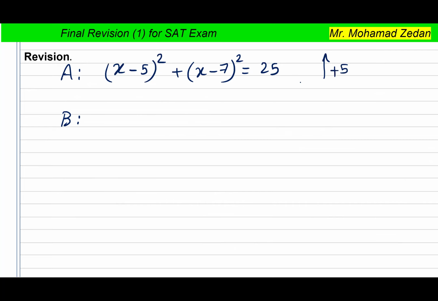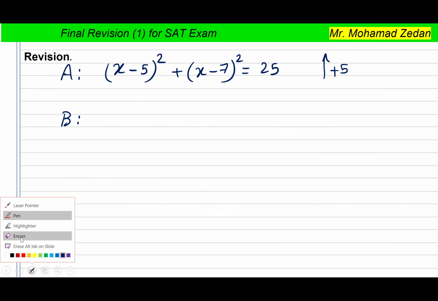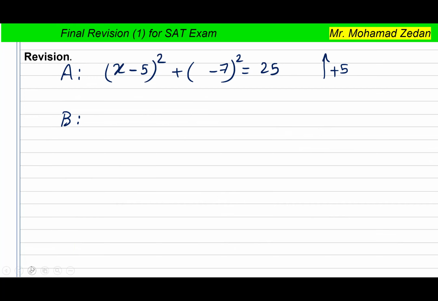Who can give me the correct equation of circle B now after shifting this one 5 units up? Sorry, I wrote x twice. This is x and y: one complete square for x and one complete square for y. This is a y. Who can say, please, Muhammad or Malak?